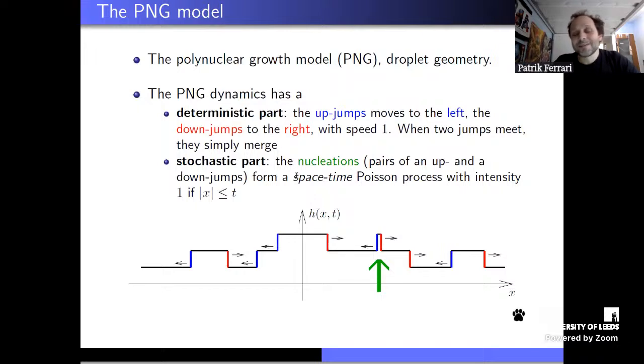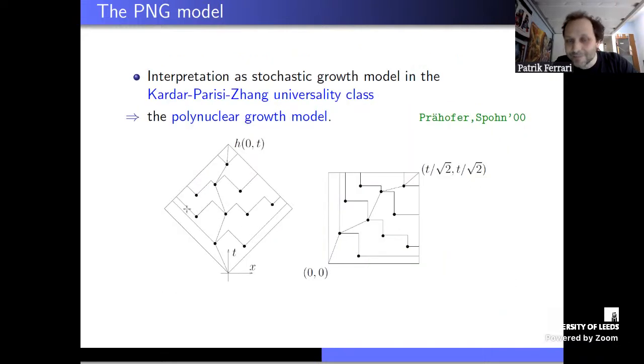So you can think of the polynuclear growth model as the height function being a piece like that, piecewise constant with jumps. The jumps will be exactly, if you think at a fixed time, you take a horizontal axis, the up and down jumps correspond to the positions of these lines.